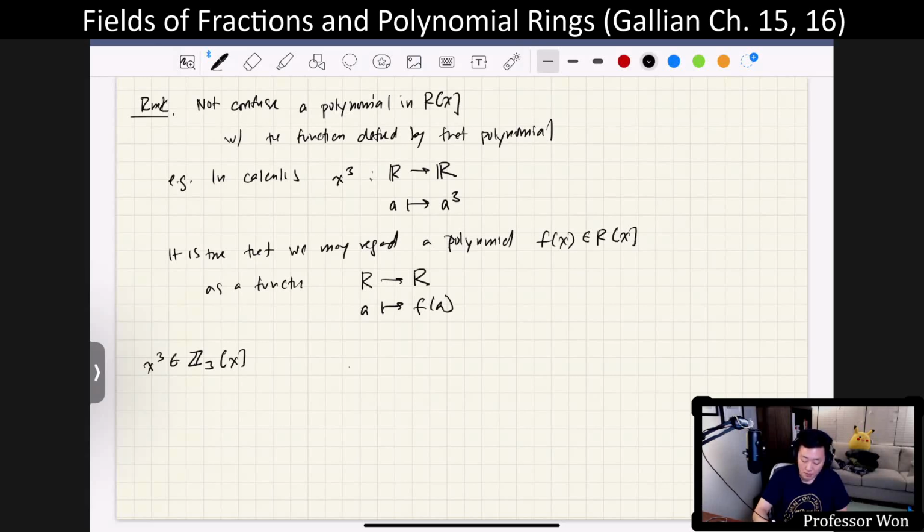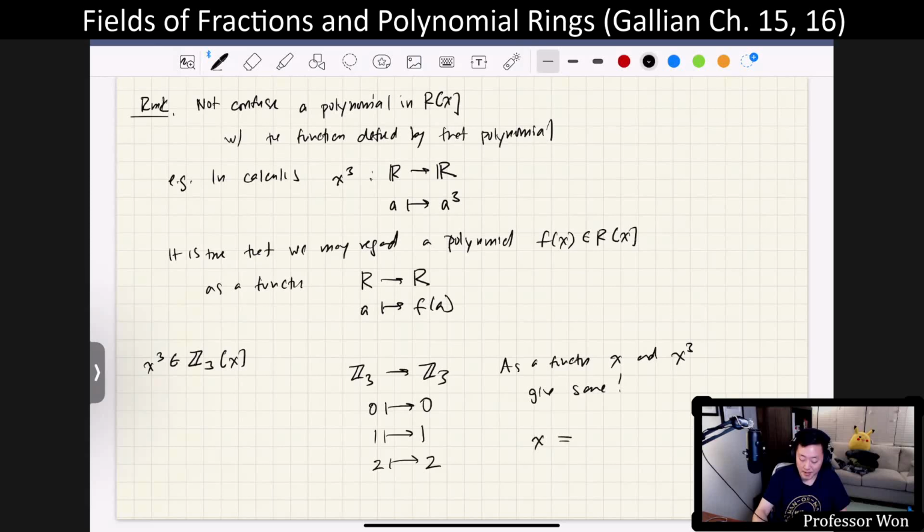What does x cubed do as a function? Well, 0 cubed is 0, 1 cubed is 1, and 2 cubed is 8, which is 2. So as a function, x and x cubed give the same function. But the polynomial x is not equal to the polynomial x cubed.